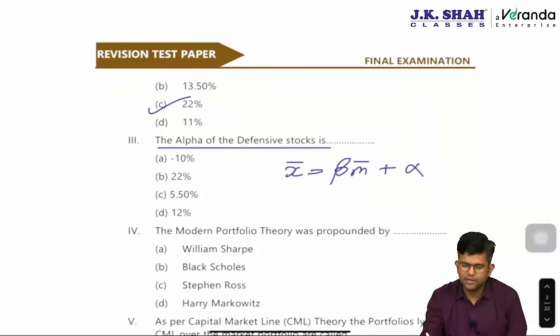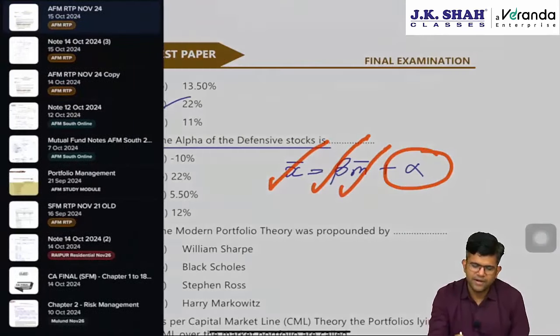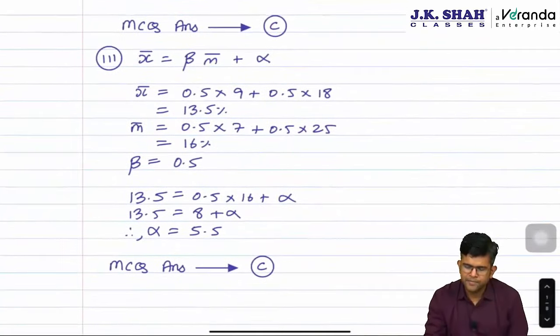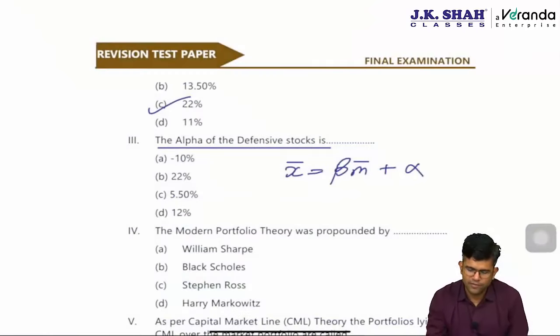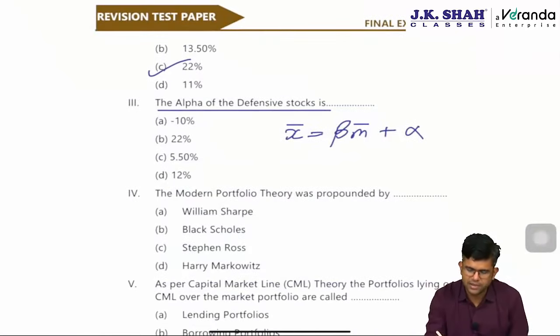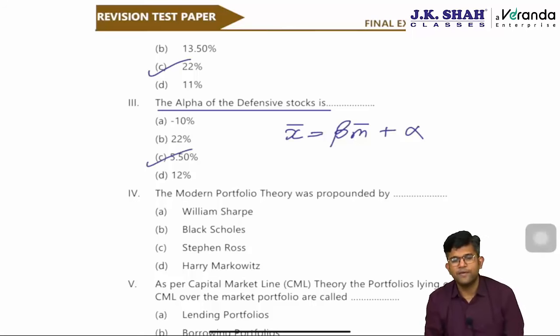So we have got 13.5, 0.5, 16, and we can easily find alpha as the balancing figure. When we put the numbers in this equation, we get alpha as 5.5, and therefore the answer to point number 3 is 5.5%.